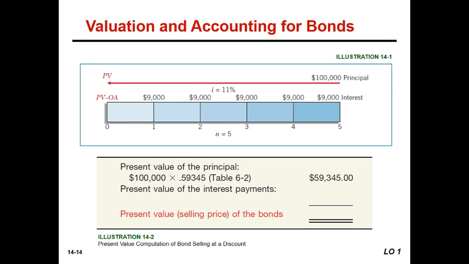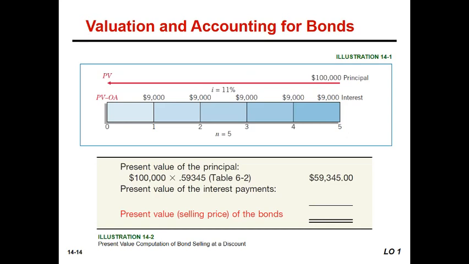So you will have to go back or access the present value tables. We're looking at the present value of a fixed amount. So the present value of $100,000 after 5 years is $59,345. We then do the present value of an ordinary annuity, using the time period of 5.